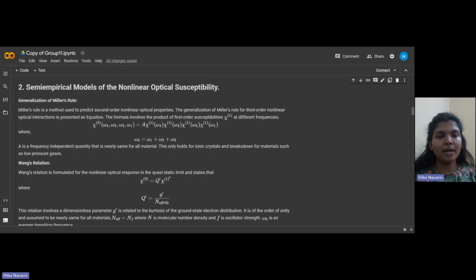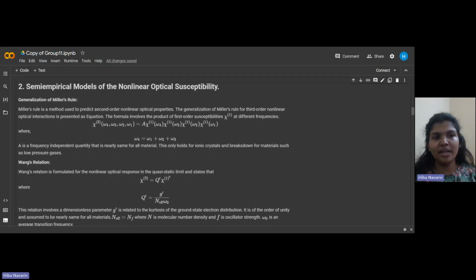So we will start with a generalization of Miller's rule to the third order susceptibility. Here you can see that we are using the first order susceptibilities, and we have extended the expression to a third order susceptibility.